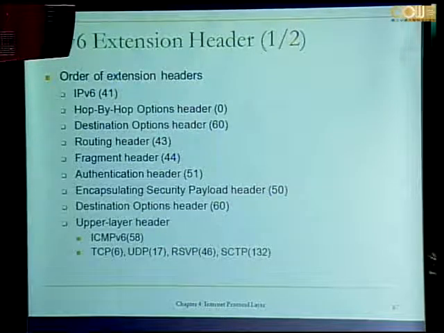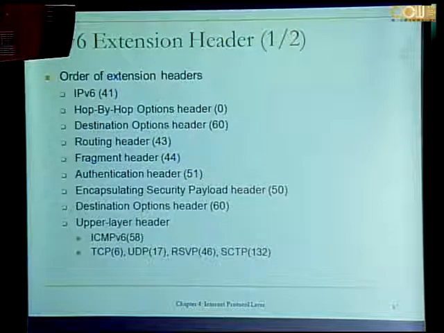And usually, in fact, they are actually the protocol number. If these are protocols, say IPv6 with the protocol number 41. And the standard says that you need to use this extension header in the exact order of this.